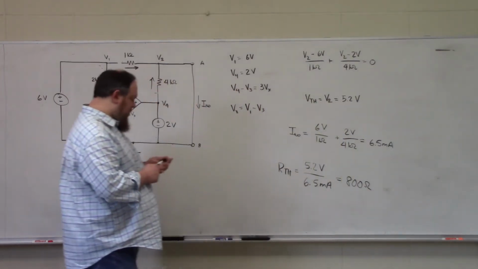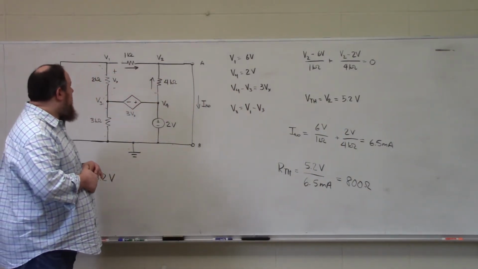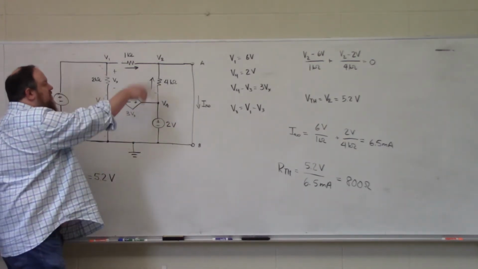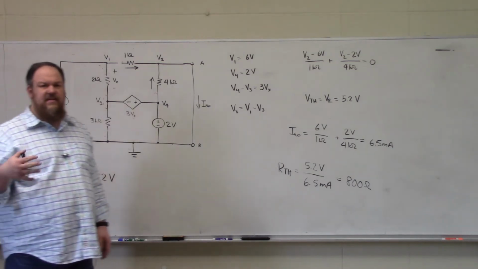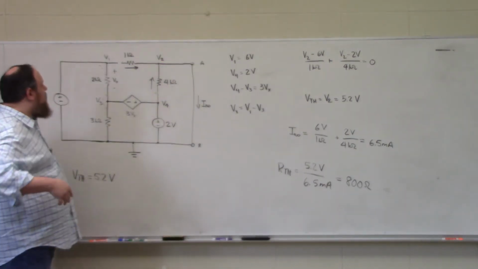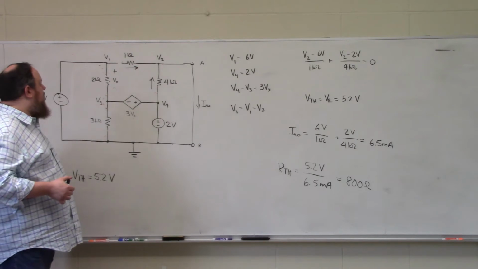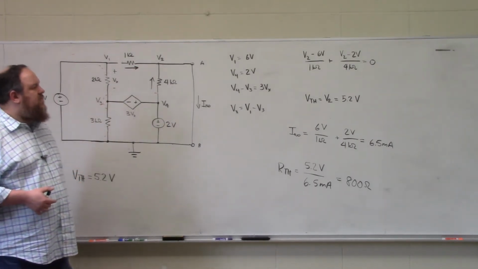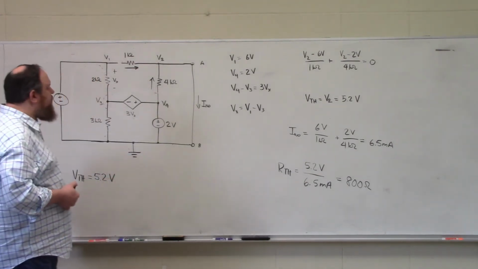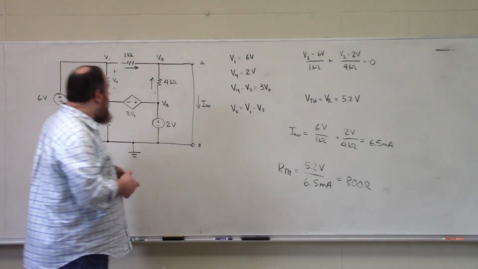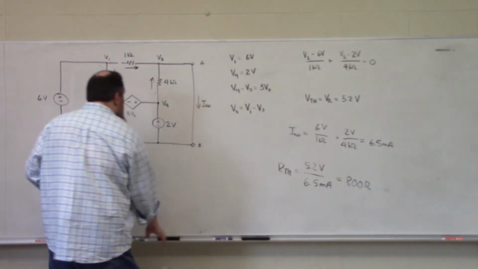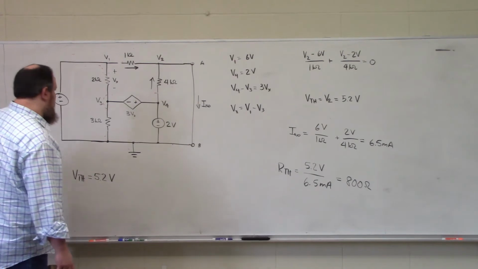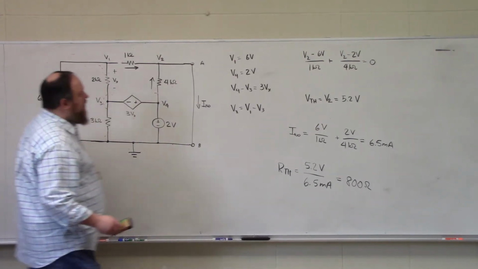The key here is recognizing that we were never going to get a resistance of 800 ohms by trying to do resistor combinations in this circuit. The only way we can determine the Thevenin resistance for a circuit like this is to calculate the Thevenin voltage and the Norton current and take the ratio. There is technically one other method, called the test source method, and I'll detail how that works.